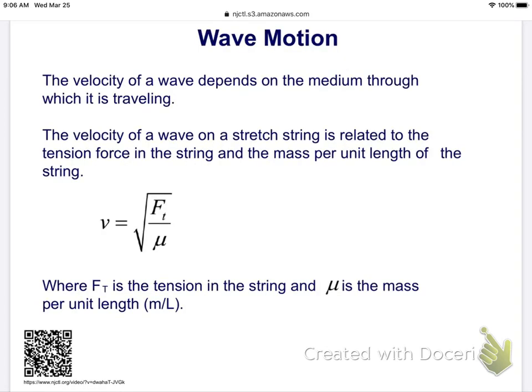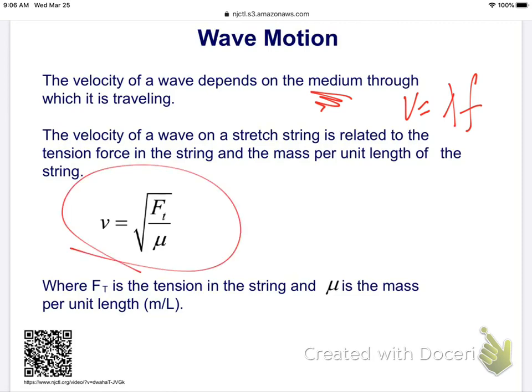The velocity, so our first velocity equation is lambda f. We've already completed that. Our second equation has to do with the velocity depending upon the medium it's traveling through. So that big equation is velocity equals the square root of tension force over the mass per unit length of the string.